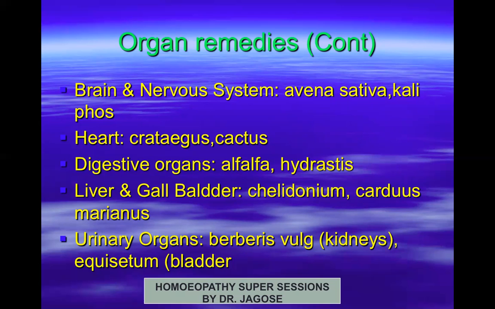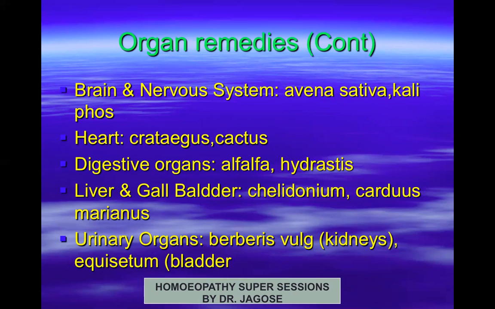So in a case, again, where the symptoms are not very prominent, you just get a patient having pain in the right side or in the right iliac fossa, or from the right renal angle going down to the right iliac fossa, going down to the leg, aggravated by the slightest touch.